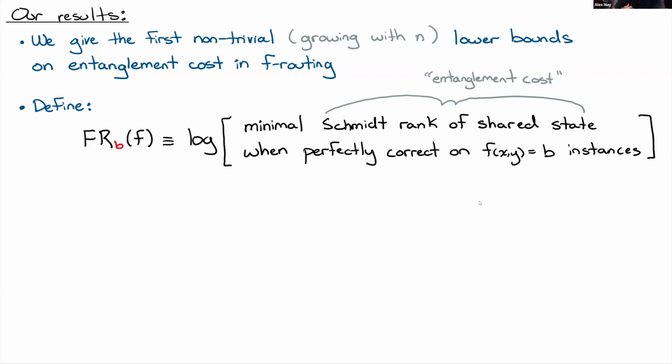So we're going to consider protocols where we're either perfectly correct on 0 instances, which means that when f is 0, we bring Q to the left perfectly, undisturbed, or cases where it's perfectly correct on 1 instances, which means that when f is 1, we bring Q to the right perfectly.